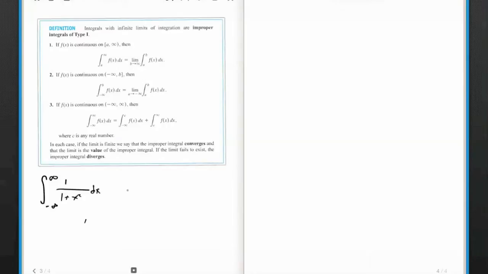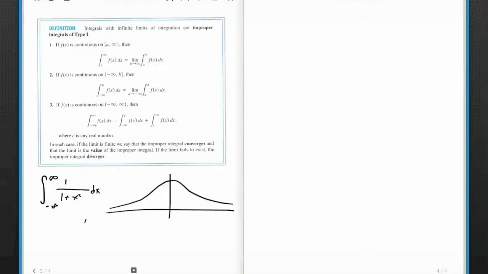And if I were to sketch a plot of that, like that, it'll come up like that. At 0, right, it just becomes 1. And then it kind of goes back down like this. So I've got an idea of what this thing looks like.